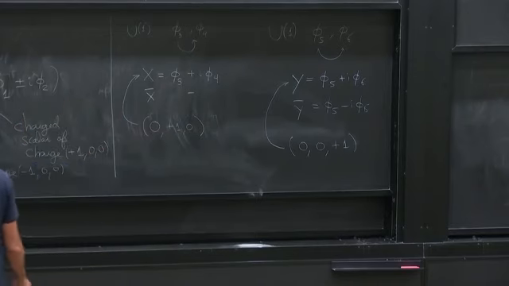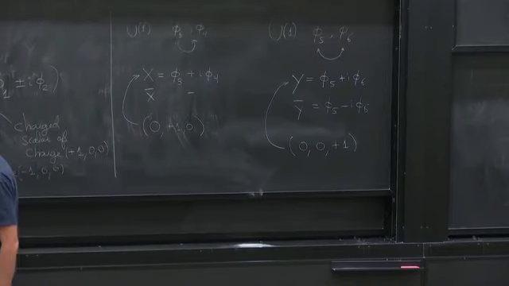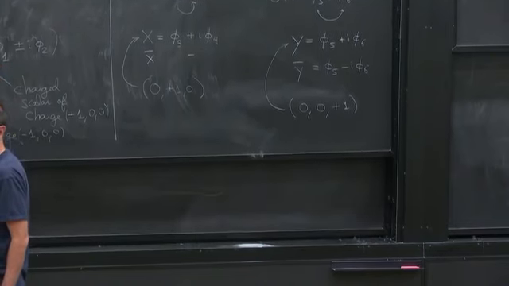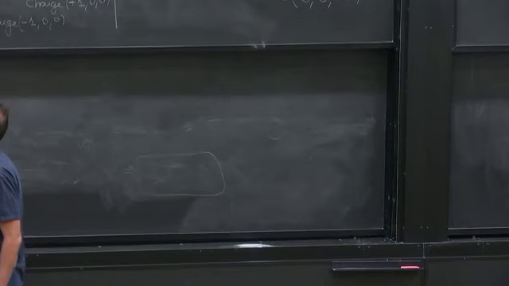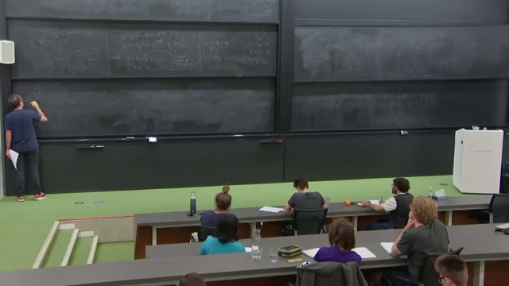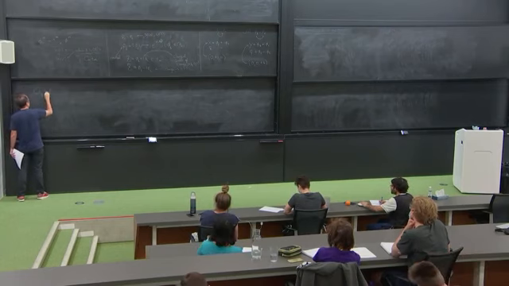And so these operators, now that we define some charge, we can define operators that have n units of charge. So now we define the operator O with j units of charge at some point x.